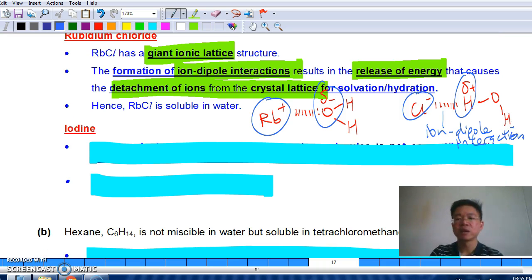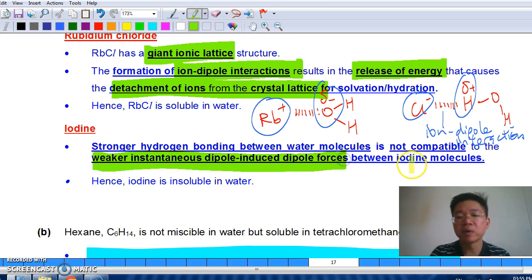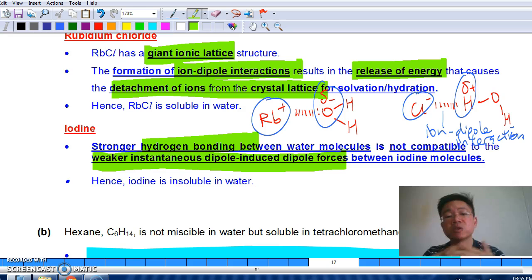Okay, and then the last one, iodine. Iodine cannot dissolve in water because the weak ID is not compatible. The hydrogen bonding between water molecules is not compatible with the weak ID. So as you can see here, since the two types of forces between water molecule and iodine molecule are different, that's why they are not compatible, and hence iodine cannot dissolve in water.